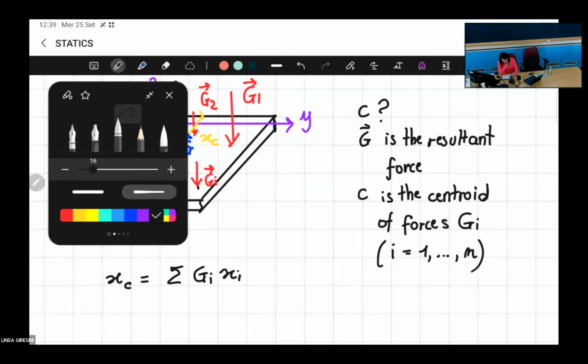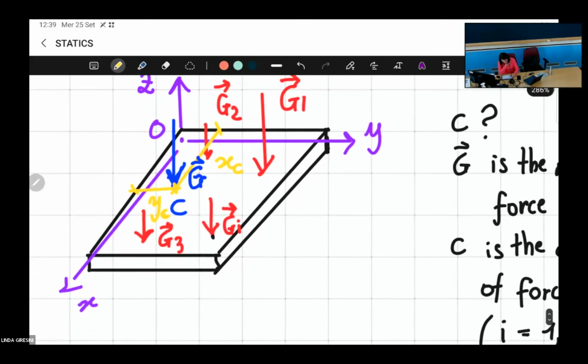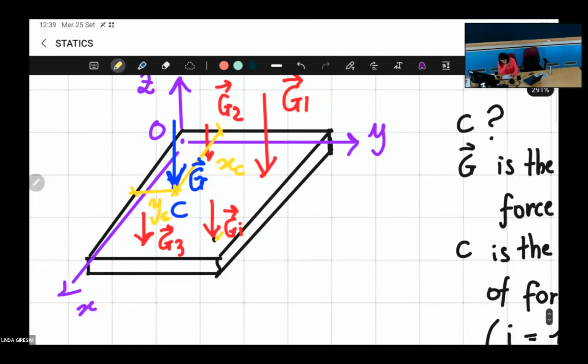So for example, in this drawing, Xi will be the distance from Gi to the axis.